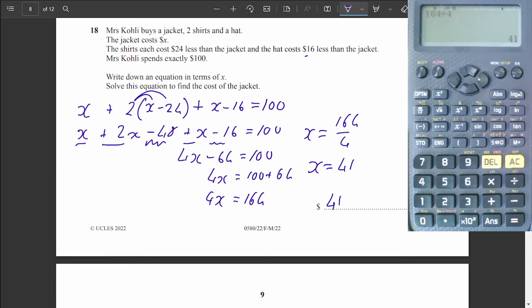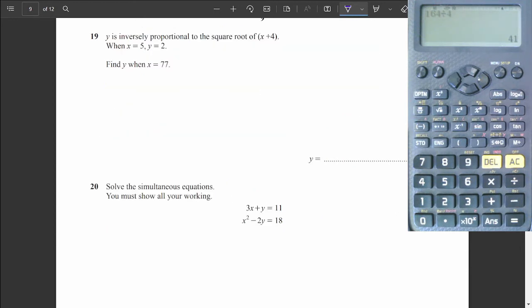Well done. Question 19, proportion. Let's put this whole first sentence in mathematical language. First, y is proportional. Inverse means we're going to write it as a denominator. Square root, we put square root of x plus 4. Common mistakes here are using square or not doing inverse.